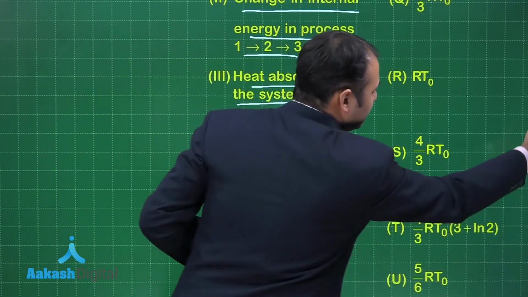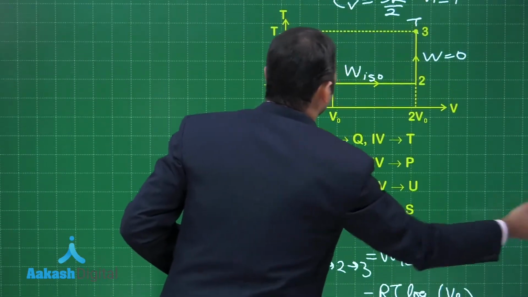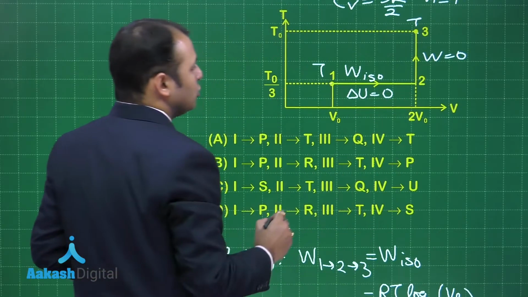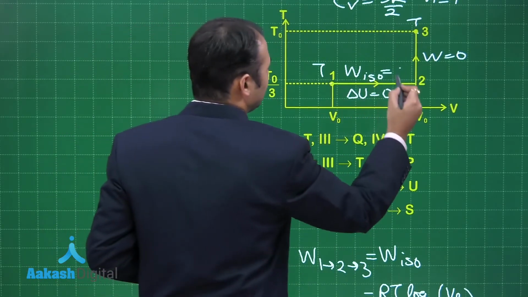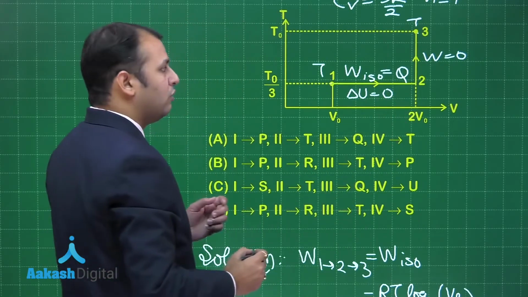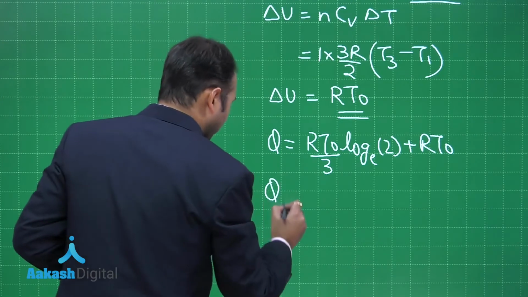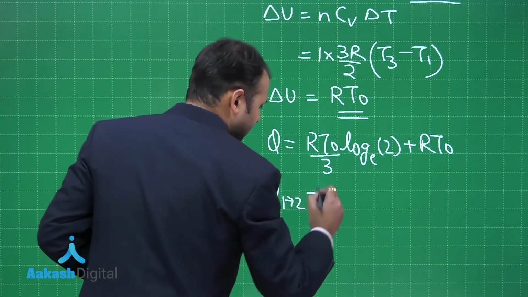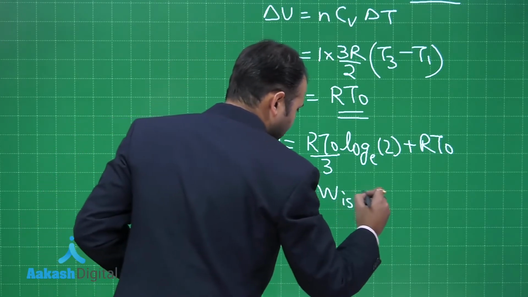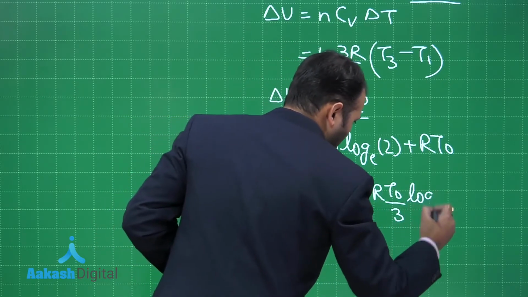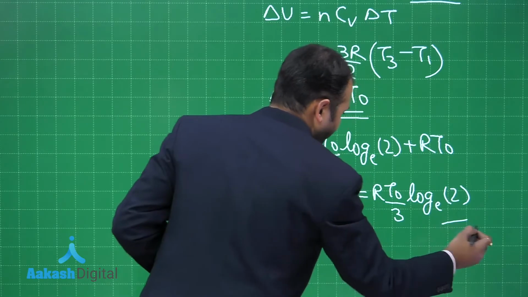As you can see here, from process 1 to 2, the temperature is constant, so delta U would be 0. So what is the heat absorbed? This would be equal to the W of the isothermal process. So Q from 1 to 2 will be simply W isothermal process, that is R T naught by 3 natural log of 2.